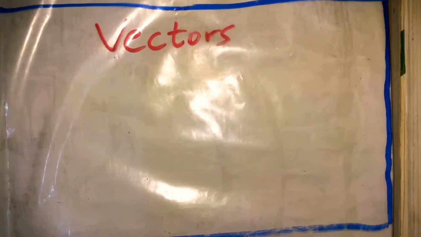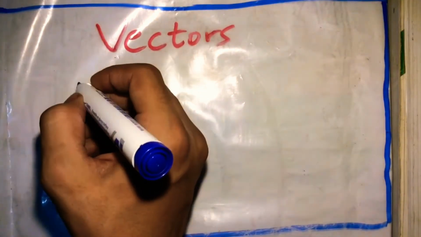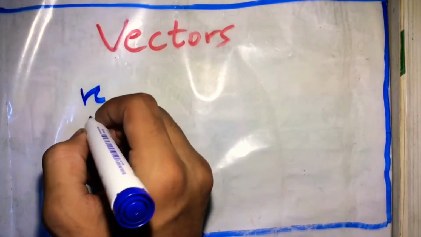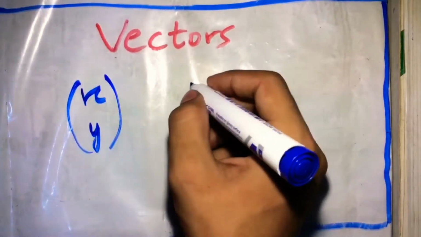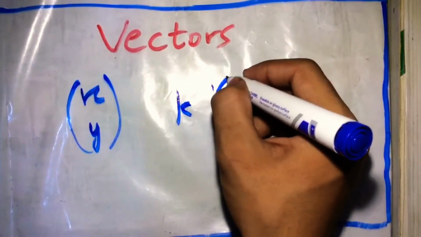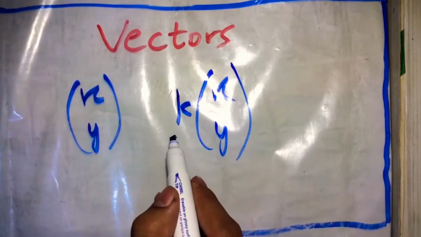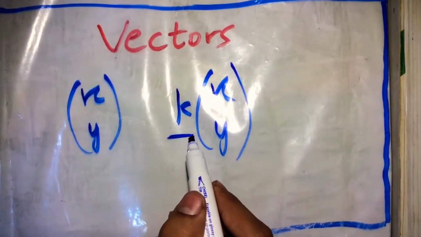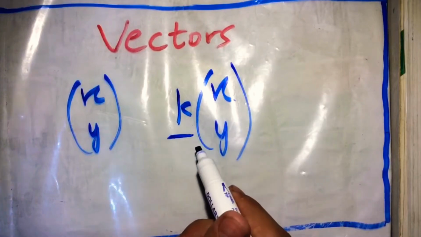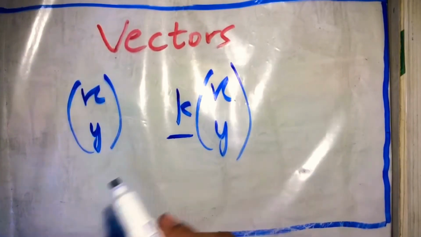A few more tips about vectors. If two vectors are parallel, they can be written as (x, y) and k(x, y). Here k represents the scalar multiple, which can be taken common from these two numbers if they are parallel.